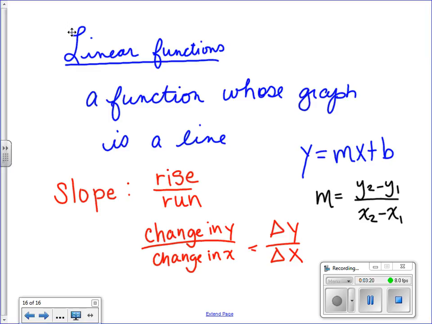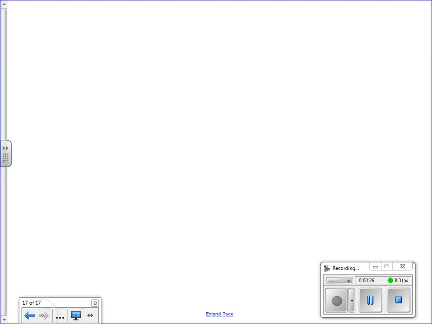Remember how to find slope. I'm going to give you an example. Alright, so find the slope. Let's see. I'm just going to make some up. 2, 4, and I don't know, 11, negative 3. And let's see.